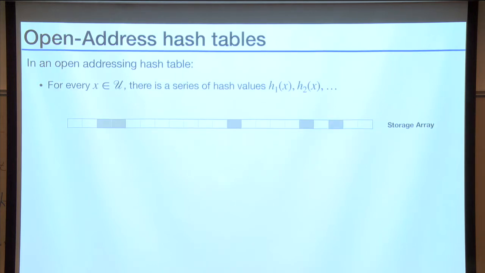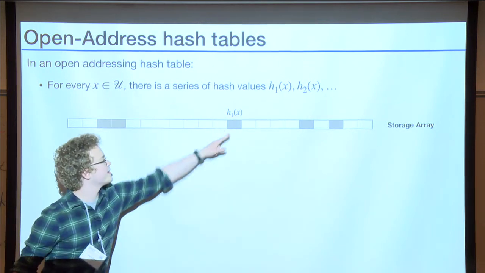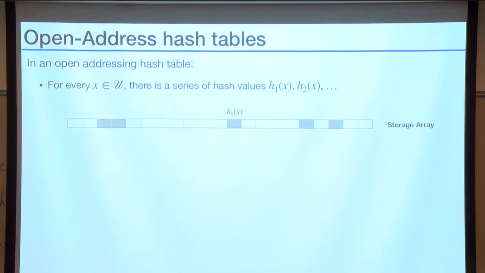And let's start by looking at open addressing hash tables. So in an open addressing hash table, every element x in our universe has a sequence of hash values, h1, h2, and so on and so forth. And you have a storage array, and each of these hash values maps to an index in the storage array. So for example, h1 of x, your first hash value, maps to that location.